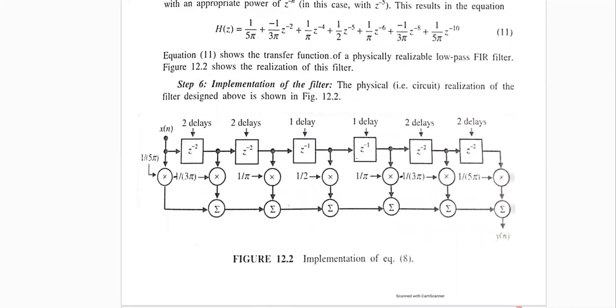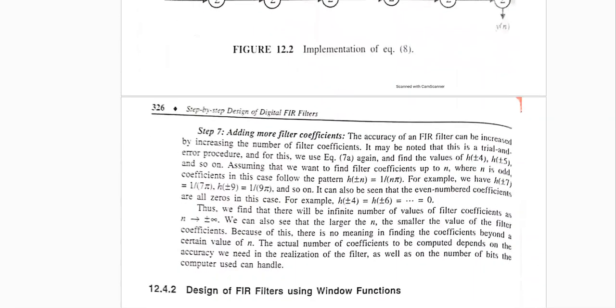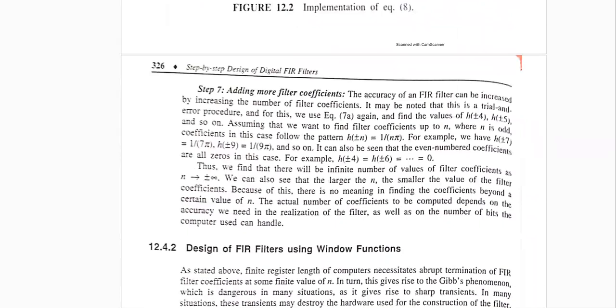So these are the steps. Okay, adding more filter coefficients, step number 7. So what is the filter coefficient? In the upper case, the filter coefficients are actually from h0 to h10. That means the length is equal to 11.